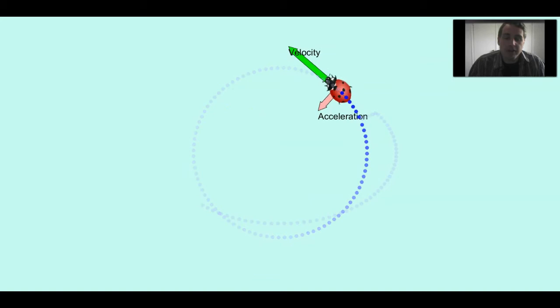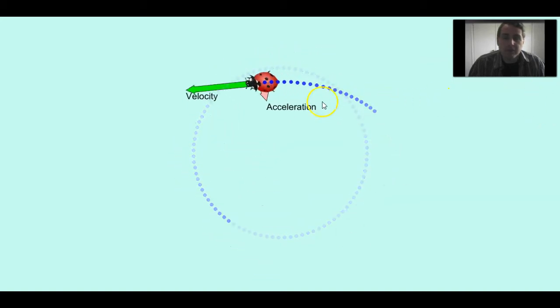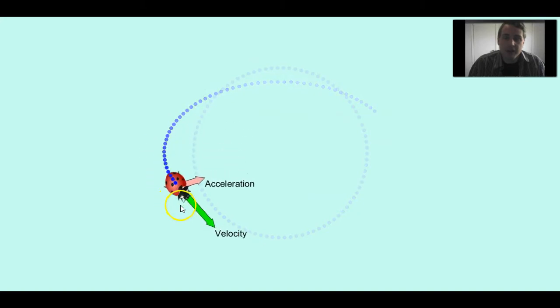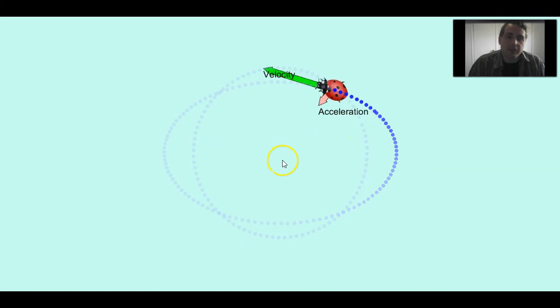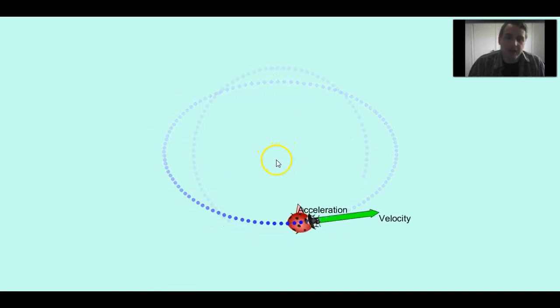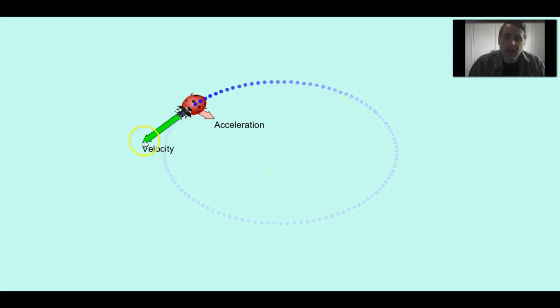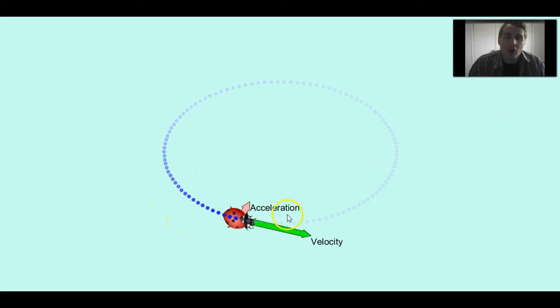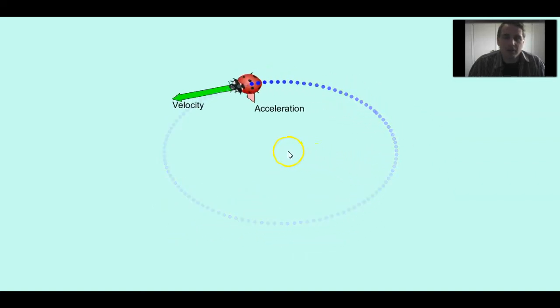But now notice that if we go back to an ellipse, so again, here we have an elliptical path, the acceleration vector is always towards the center of the curve, not necessarily the center of the ellipse per se, but the acceleration vector and the velocity vector are not necessarily always perfectly perpendicular to one another.